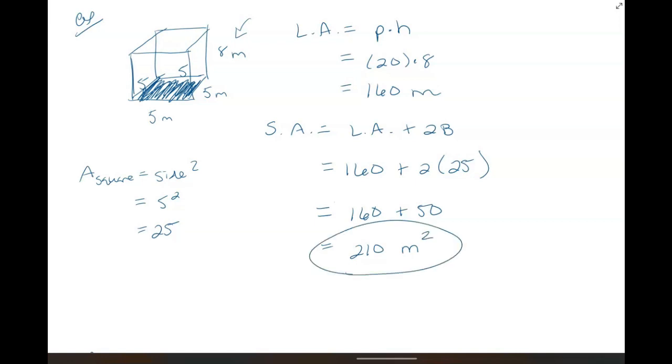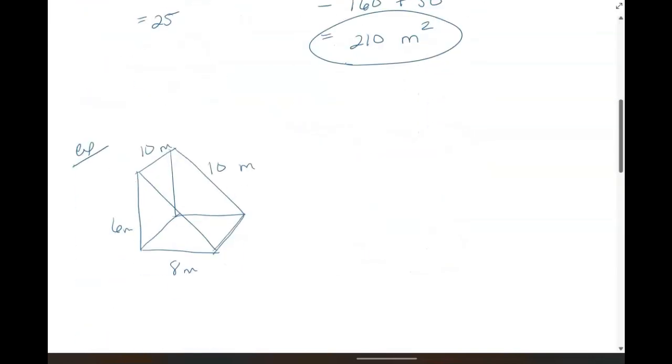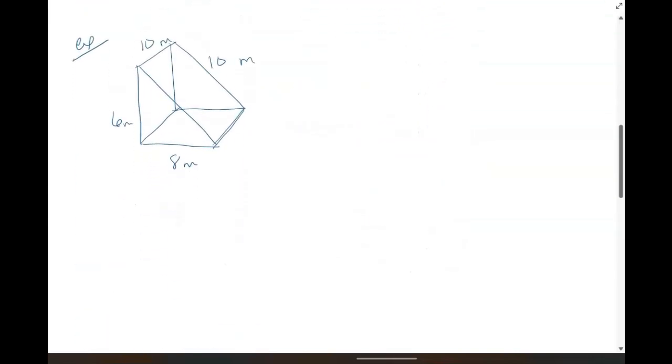All right, not too bad. Let's jump to another one. In this prism, this is a triangular prism, because the base is a triangle. Sometimes, if you're not spatial, you struggle to identify what part of the shape is the base.